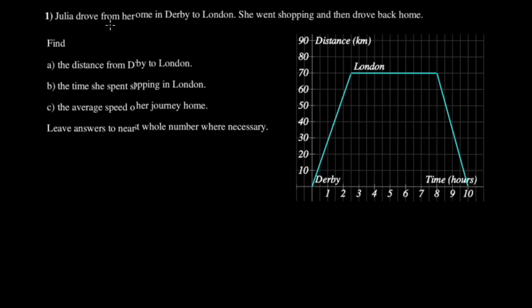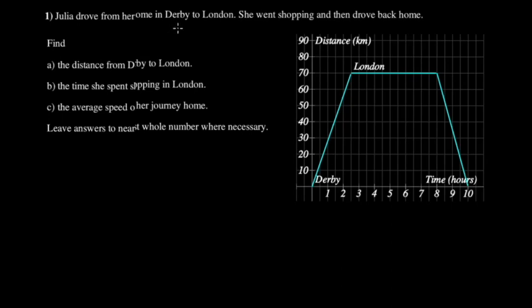For example, Julia drove from her home in Derby to London, went shopping, and then drove back home. Especially if you're doing physics, you're supposed to be able to describe this curve with some precision, at least qualitatively.